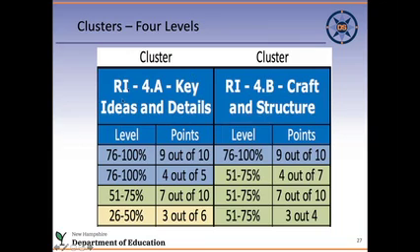This is how that might look. So this is a cluster, reading informational text, grade 4, key details and ideas. This student scored 9 out of 10 points. This one only got 4 points, but it was 4 out of 5, so it's still high.